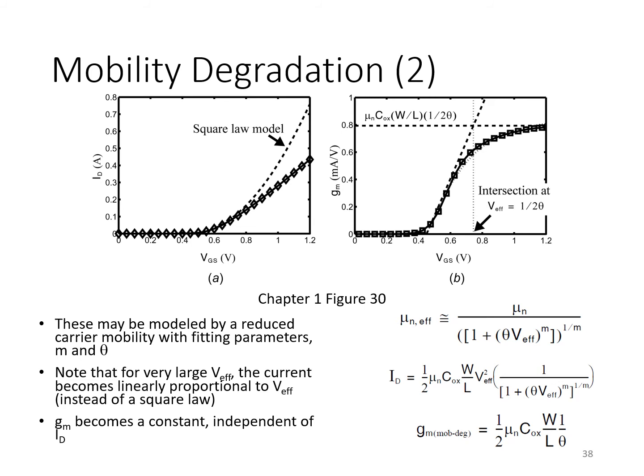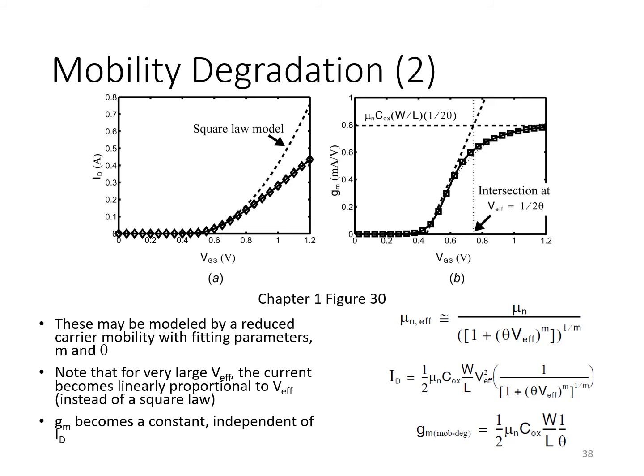This effect can also be seen perhaps more clearly with a plot of transconductance versus VGS. So this plot is essentially a plot of the derivative of this curve versus VGS. In the square law region, we expect transconductance to increase linearly with V effective.